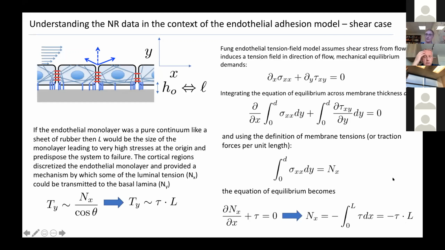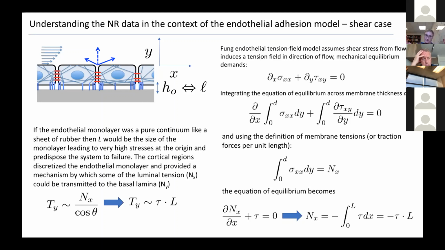If that was the case, you would have an incredible amount of stress concentration at the beginning of the monolayer, or wherever the flow would begin, that would then propagate in a linear fashion across the entire length of the system. This would be a recipe for disaster, in that the monolayer would essentially start to peel from the beginning.